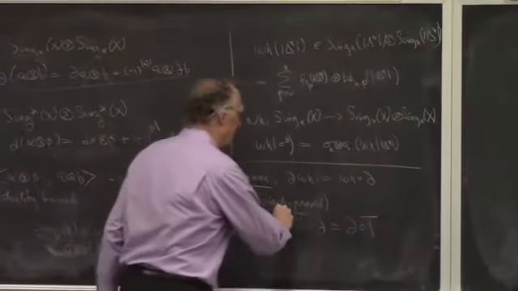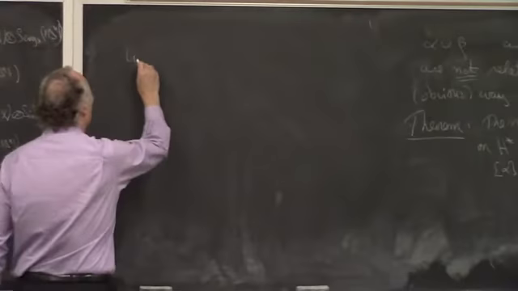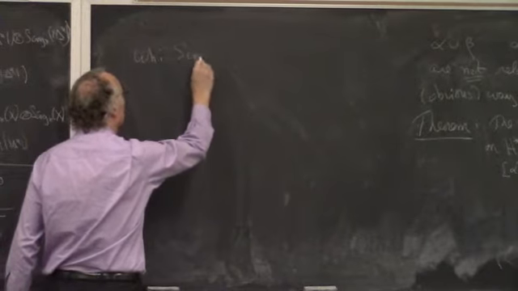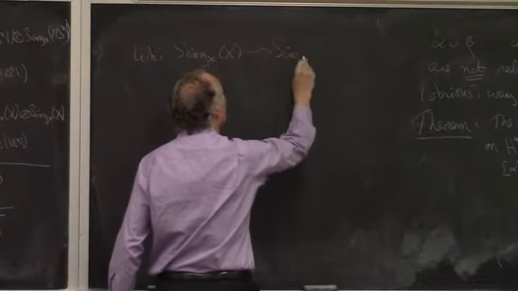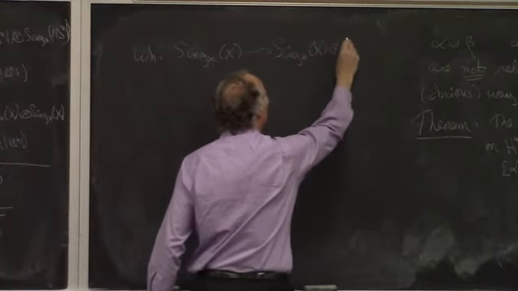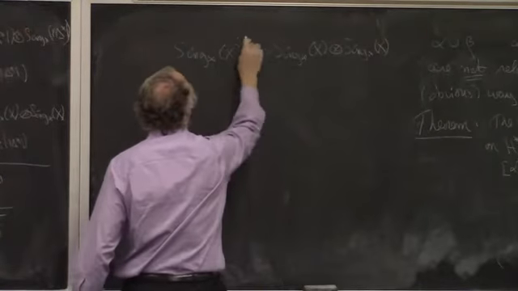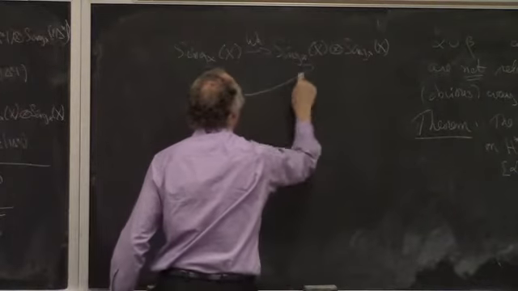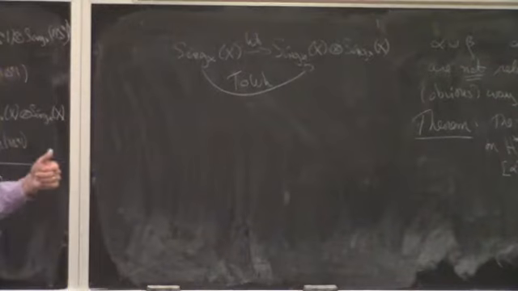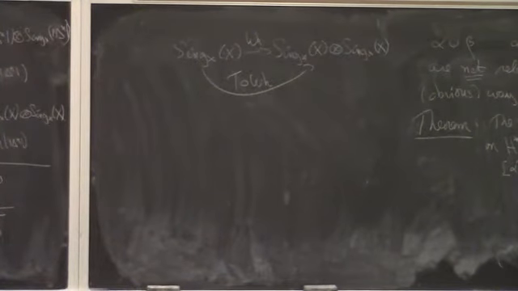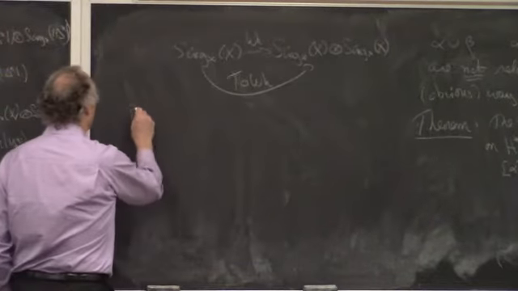Okay. So now I have two maps. Whitney from singular chains of x into the tensor product. That's one of them. And the other one is T composed with Whitney. Do Whitney and then flip. So these are two chain maps.